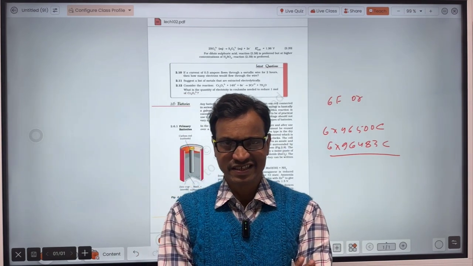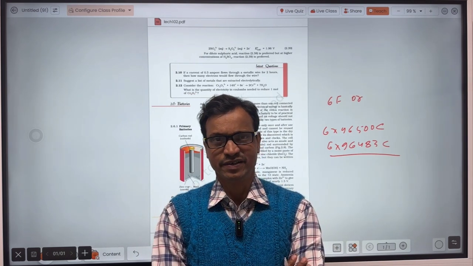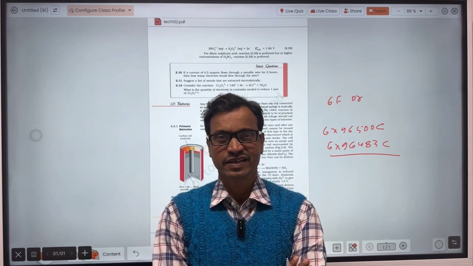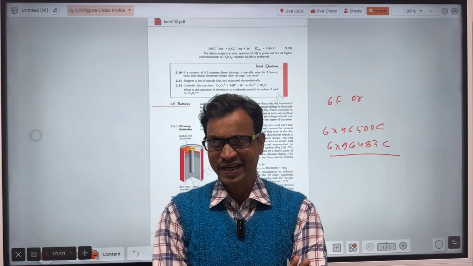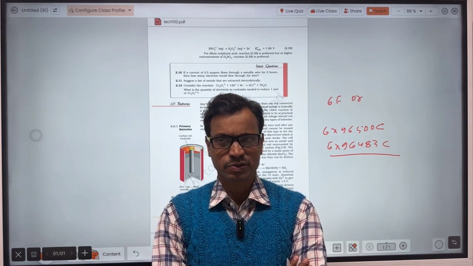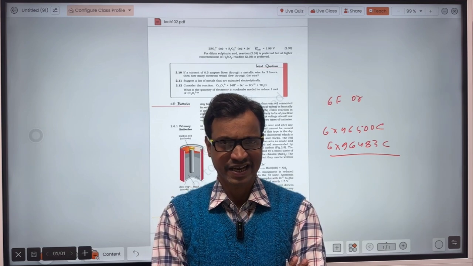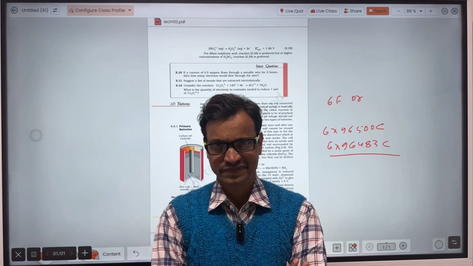In case of aqueous NaCl, the products of electrolysis will be hydrogen at the cathode and chlorine at the anode. The third point was when we electrolyzed water: hydrogen gas was produced at the cathode and oxygen gas at the anode.